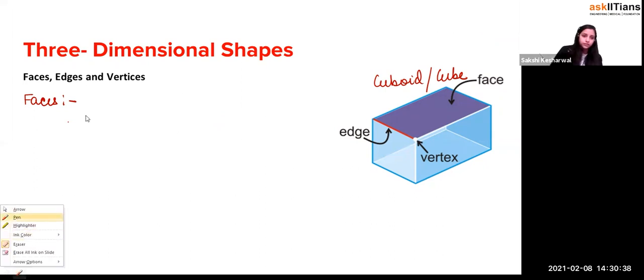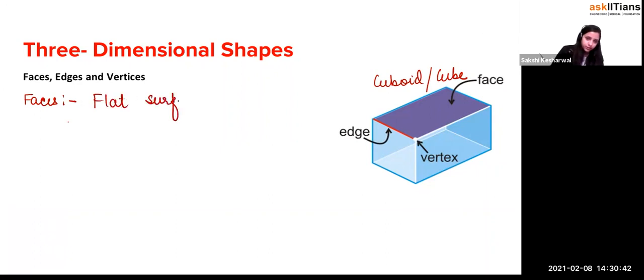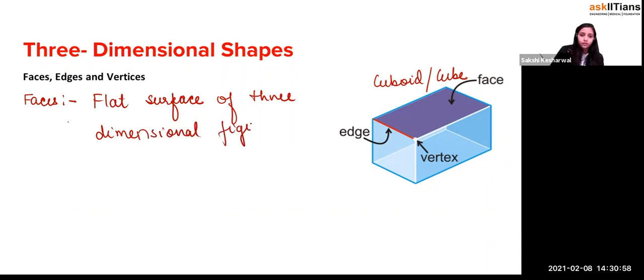For a three-dimensional figure, we have to talk about the flat surface, not the curved surface, right? Three-dimensional figure, right? Then we have edges, right?